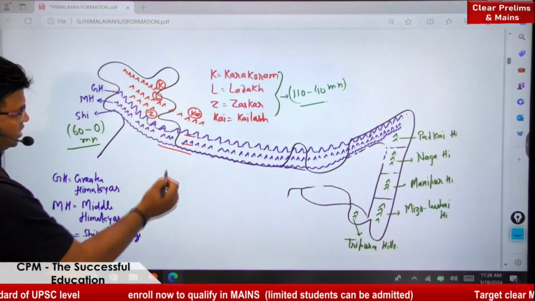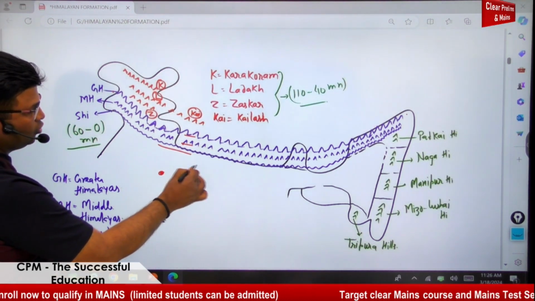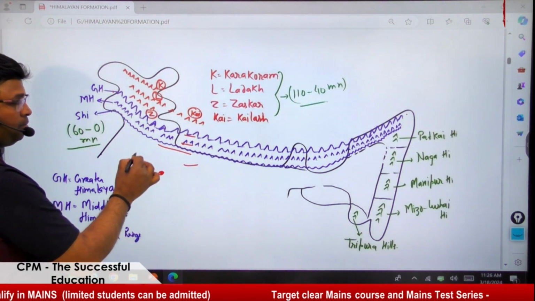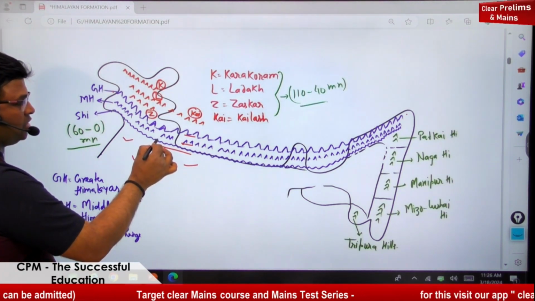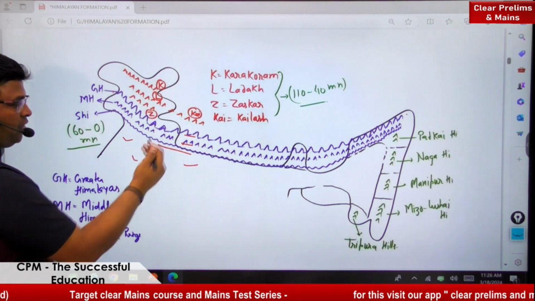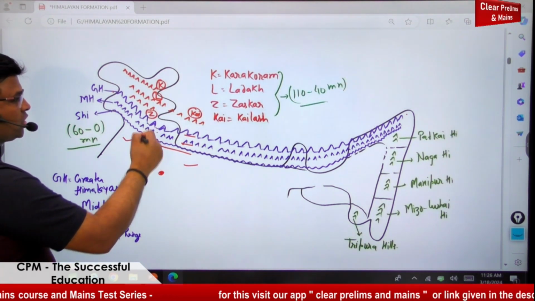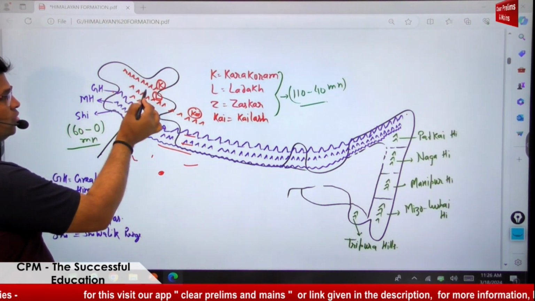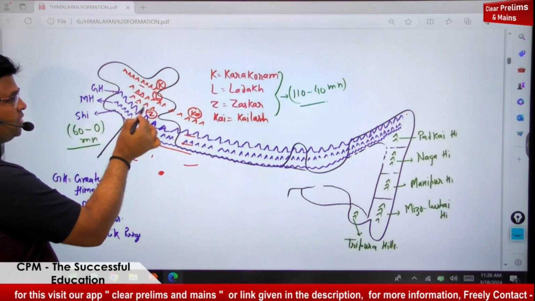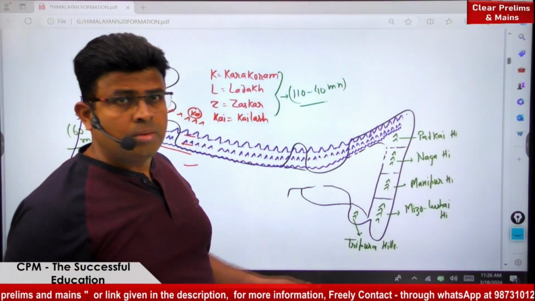Suppose we are in India, here it is Delhi, and here are UP, Punjab, Haryana. When we move towards the Himalayan region, first we will meet the Shivalik range, then the Middle Himalayas, then the Greater Himalayas. After crossing it, we will see the Karakoram, Ladakh and Zaskar. This is the Karakoram and Ladakh, and this is Zaskar. Karakoram, you know, has the second highest mountain peak of the world, K2.